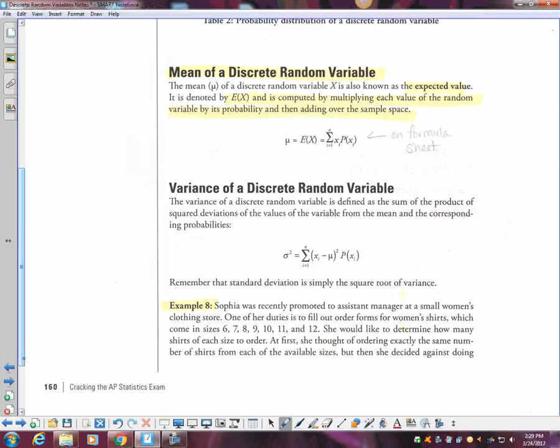The mean of a discrete random variable is also known as the expected value, and that's really, really important because they're going to ask it like that. Find me the expected value, and it's denoted by E of X, and that's the same thing as mu. It's the sum of all your variables times the probability of that variable, all of them added together.